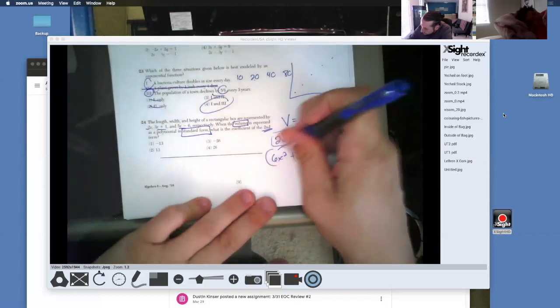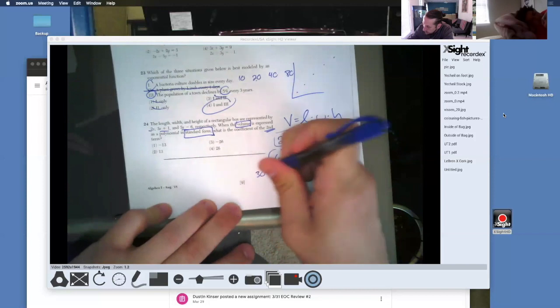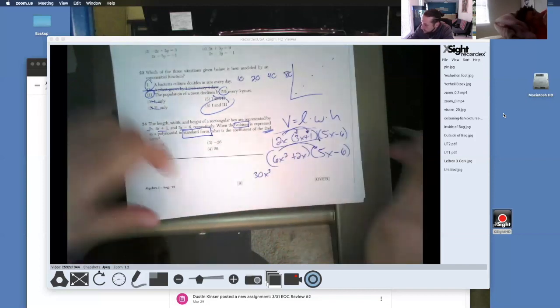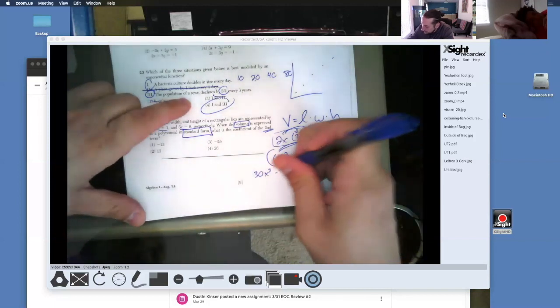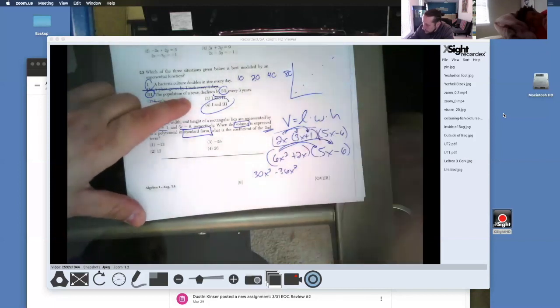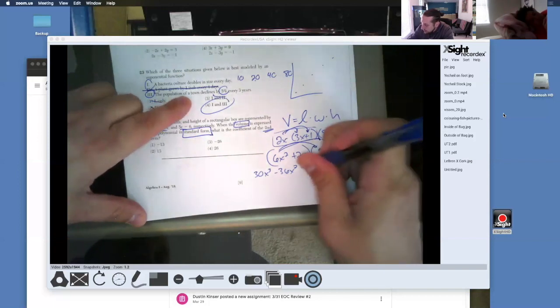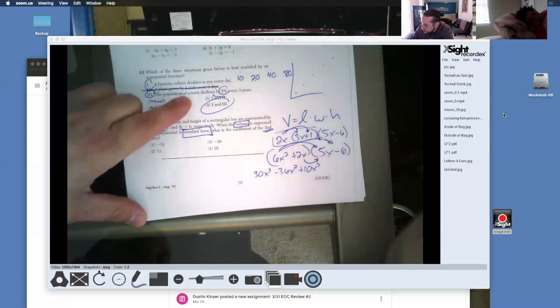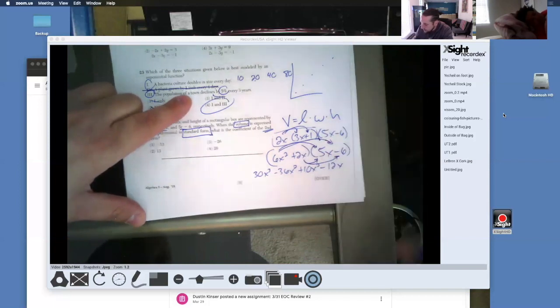I'm going to do 6x squared times 5x, which gives me 30x cubed. 6x squared times negative 6 is negative 36x squared. And I have my inside terms. 2x times 5x is 10x squared. And 2x times negative 6 is negative 12x.